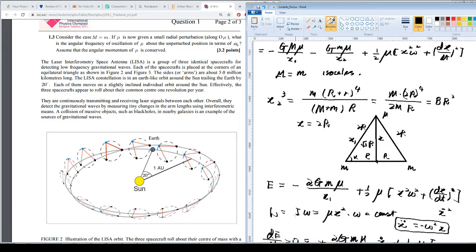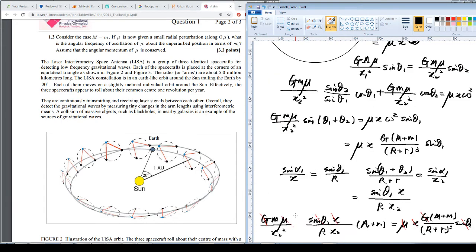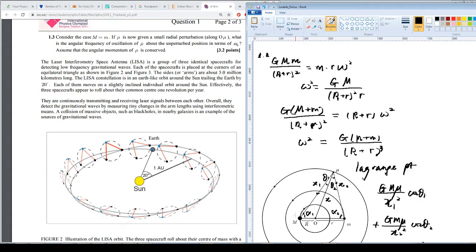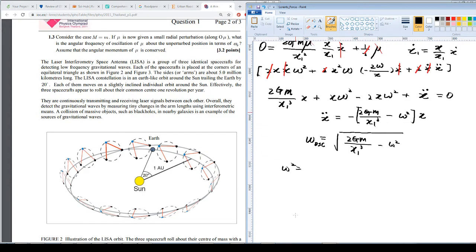Okay, so omega squared is very early on G2M over 2R cubed, that's one fourth GM over R cubed, and 2GM over x1 cubed is 2GM over 2R cubed.